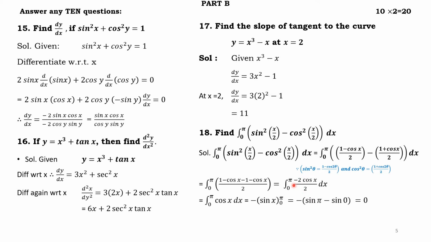We get integral of cos x dx equals minus sin x, value from 0 to pi, that is sin pi, the upper limit, minus sin 0, the lower limit. Therefore, sin 0 is 0, sin 180 is also 0. The whole value is 0. That is the answer.